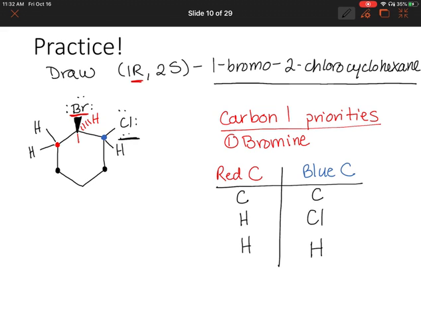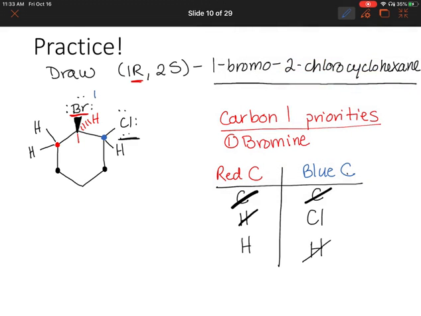Okay, so you can even start to cancel out atoms. So we have carbon, carbon, hydrogen, hydrogen. Now we're comparing a chlorine to a hydrogen. Which one is heavier? Chlorine. So the blue carbon will have higher priority because it's directly bonded to a heavier atom. So it wins the battle.